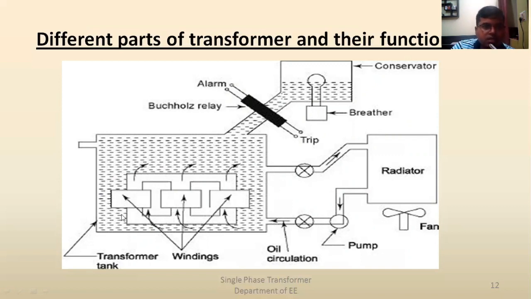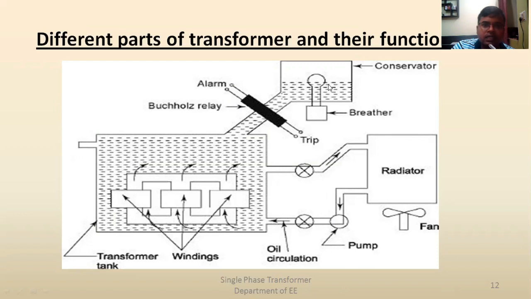So this is about the transformer main tank. Now you see, these are the valves. And this is the radiator, used for cooling. It has fin-like structures. In the radiator, the cross-sectional area of the oil is spread so that cooling is easily done. Clear? Fine. Now this is the pump, I have already explained. This is the cooling fan.